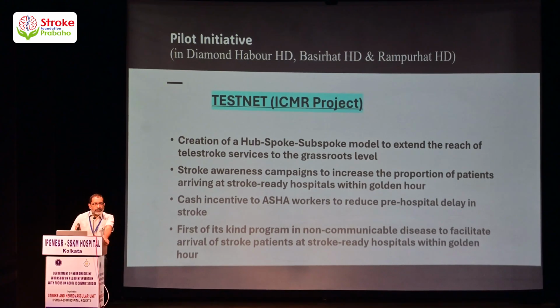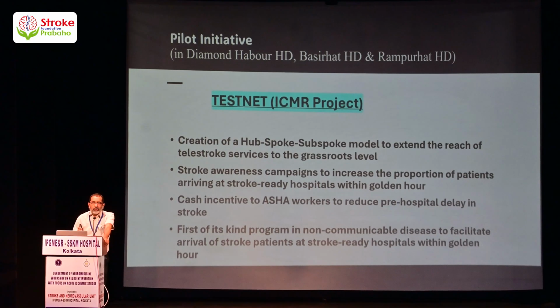Our hypothesis is that at the end of 3 years, most likely arm A, where intensive campaigning is being done for early identification of stroke symptoms using the BE FAST mnemonic, in those groups we will get a greater number of patients in the golden period.